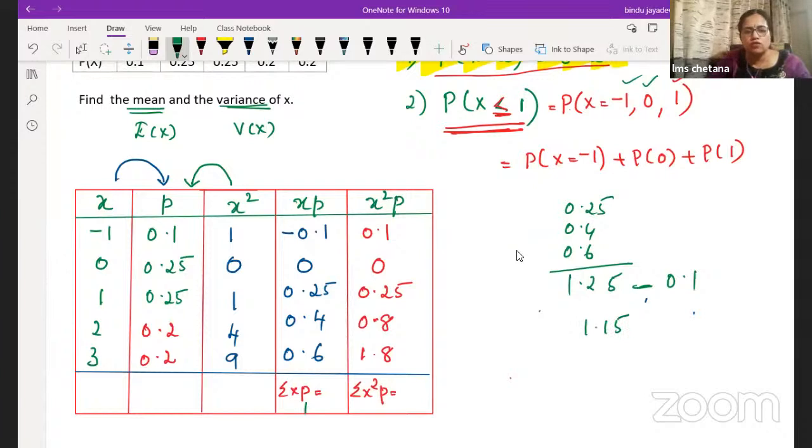The answer is 1.15. Correct answer. Use a calculator. Now second part. Add this all. Tell me the answer. 2.95. Correct. Completed.